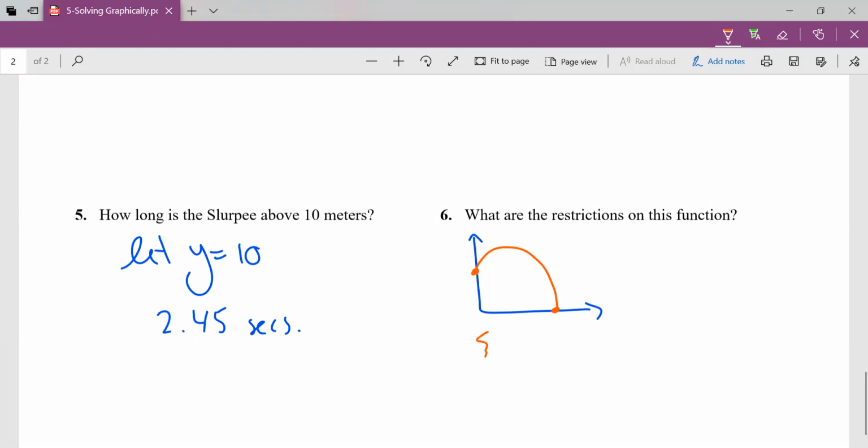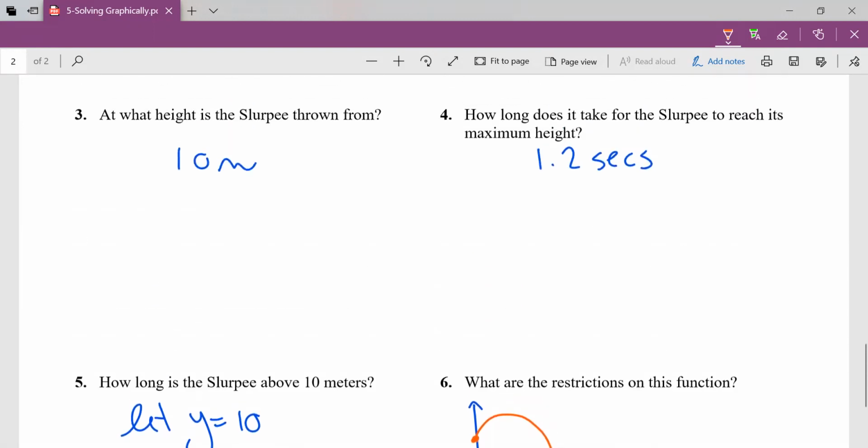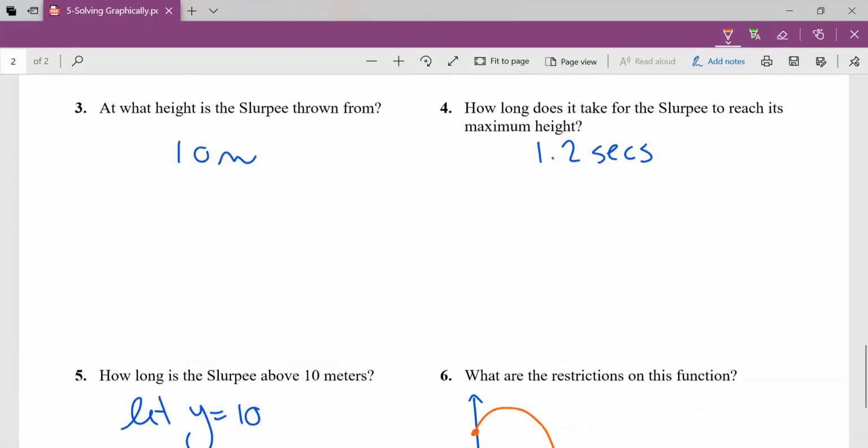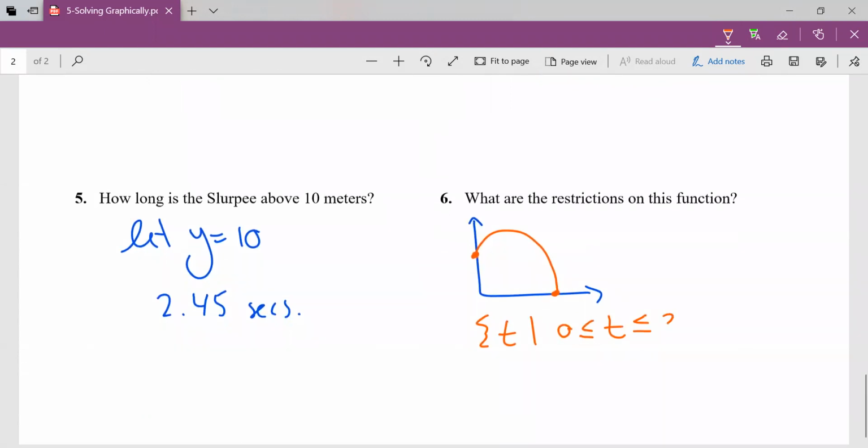Domain is time in this case, so t such that time started at 0, and how long was that thing in the air? It hit the ground after 3.1 seconds. Time is an element of the reals.